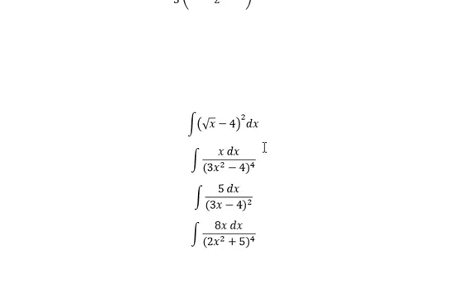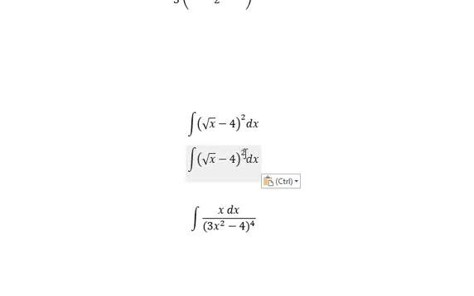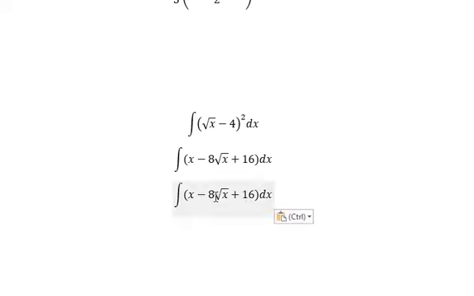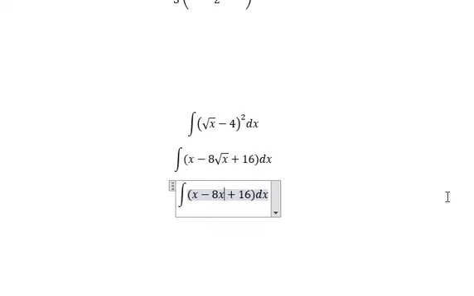Next, this one, we just need to expand, and you will get s minus a multiplied by the square root of s plus 16. The square root of s is s to the power of 1 over 2.